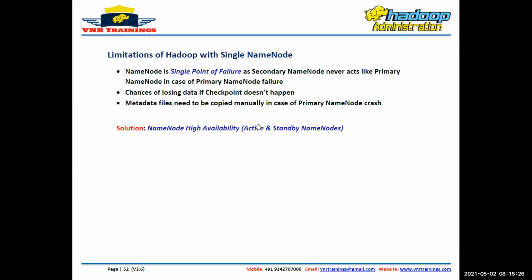So even though I have a secondary name node, there is no use of it, because it never acts like a primary name node when the primary is down. Here the entire Hadoop cluster is depending on the name node.